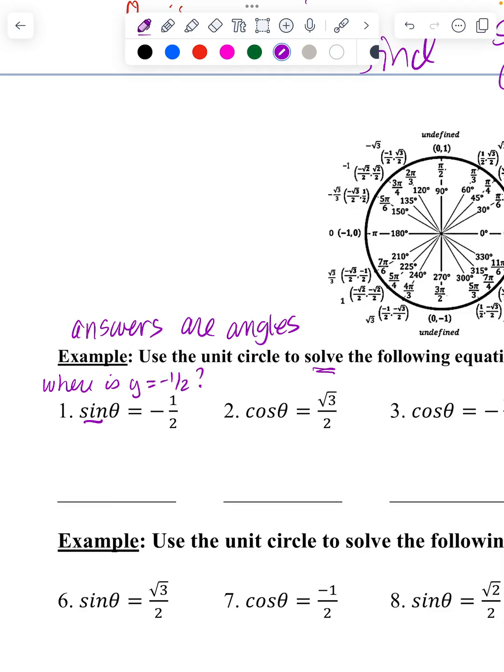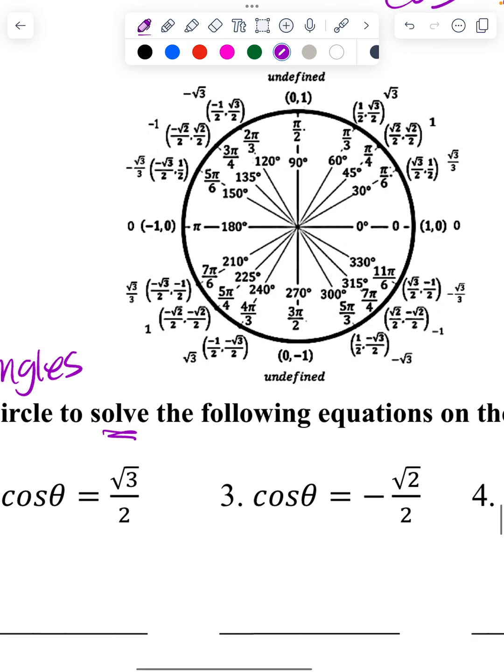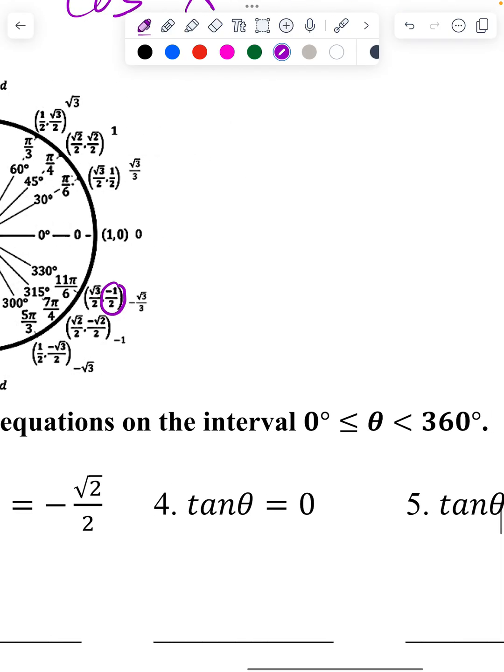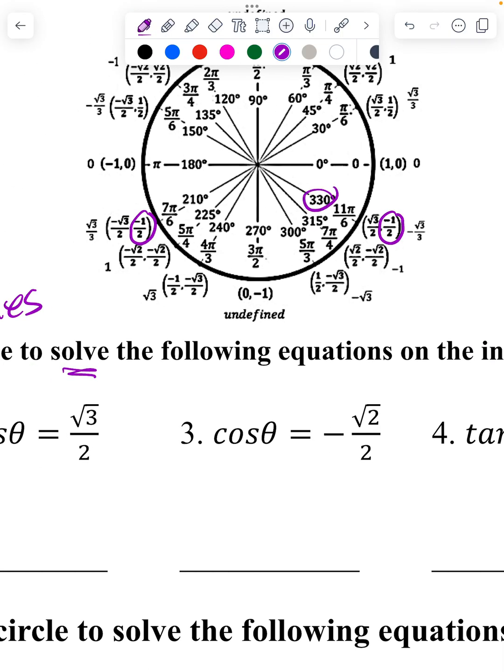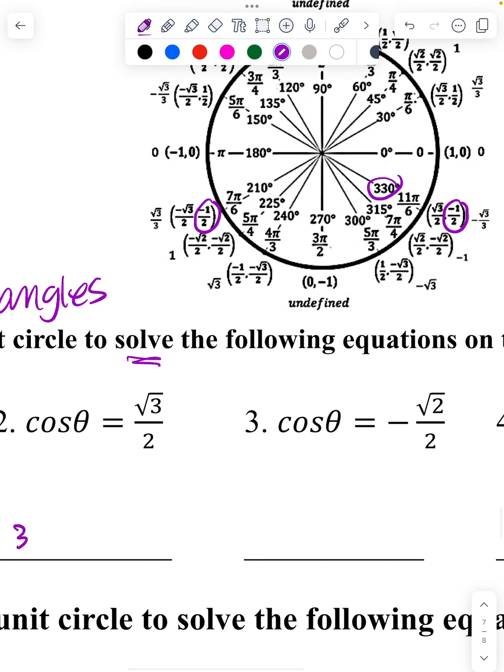That's what it's asking. So I just look and see where is the y value -1/2? Here and here. And since it says from 0 to 360, it's asking for my answer in degrees. So that would be 330 degrees. And then also over here, and it's very common to have two spots where the answer exists.